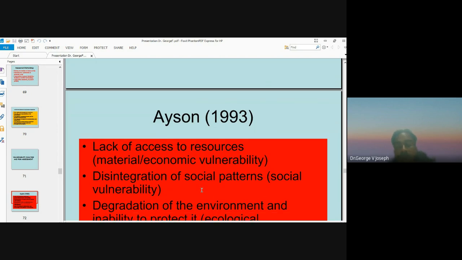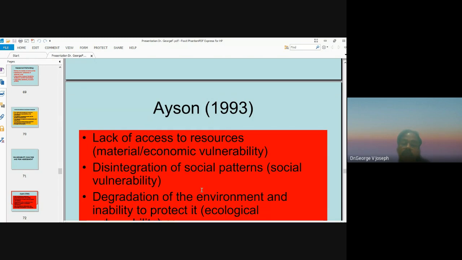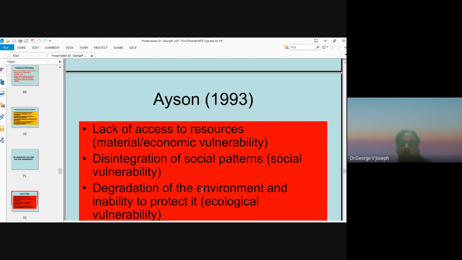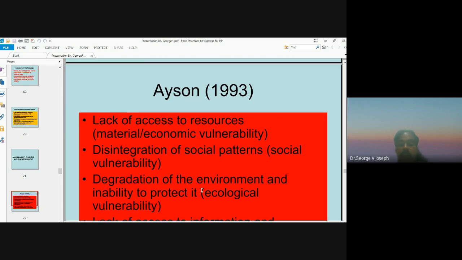Another is disintegration of social patterns. Sometimes the existing social systems and social support systems disintegrate during a disaster, as people migrate and move out to various places. Another is degradation of the environment and inability to protect it.